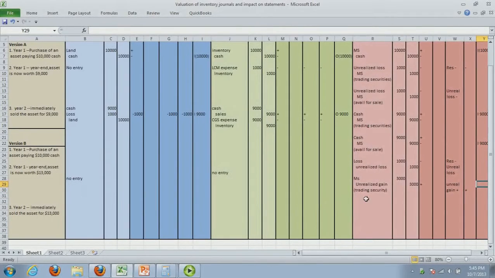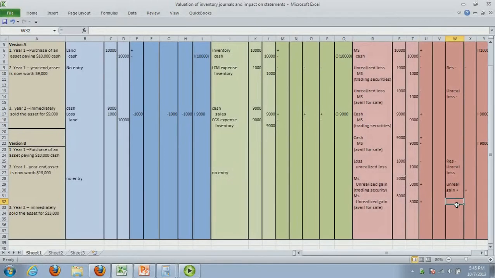Okay, then if we had the available for sale securities, then once again we'd have the same journal entry as we have with the trading securities, but its impact is a little bit different. The assets are the same, so we'll see an increase in assets.